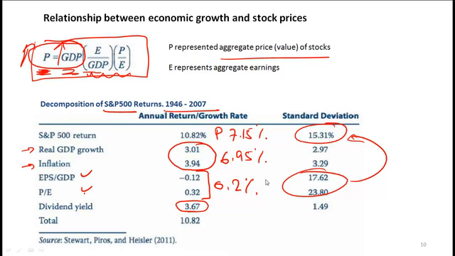What we see here is the data confirming what we said on the previous slide, which is essentially that in the long run there is a very stable relationship between the increase in prices of equities and the growth rate of the GDP.